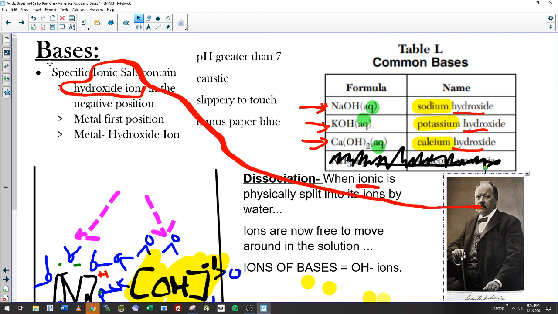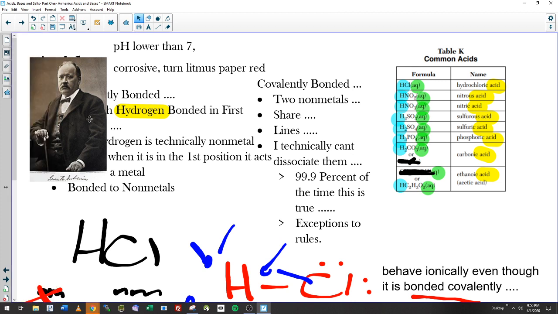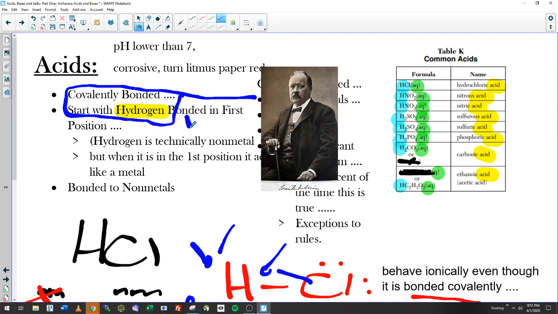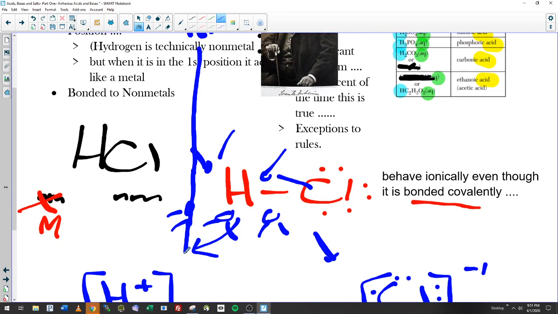Whereas, according to Arrhenius, acidic substances need to be covalently bonded, but they have to start with hydrogen in the first position, and they will produce H+ ions in solution. Here are those H+ ions.